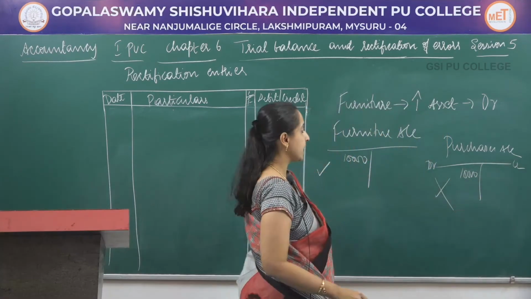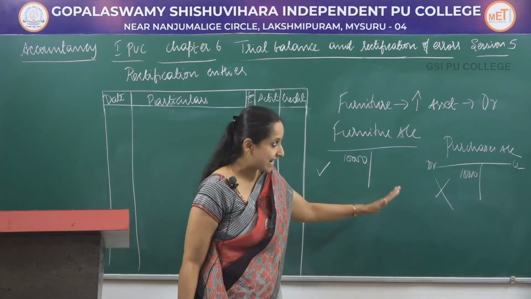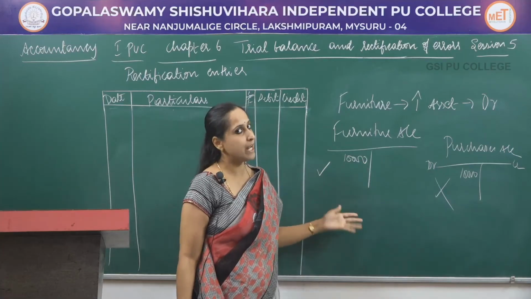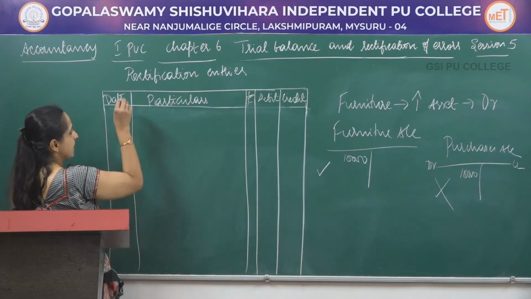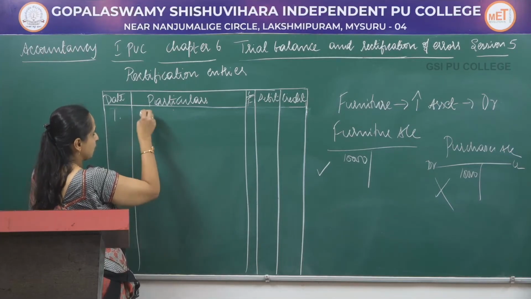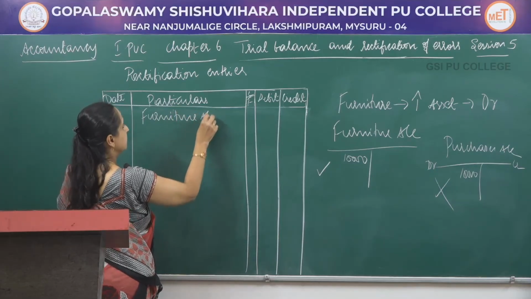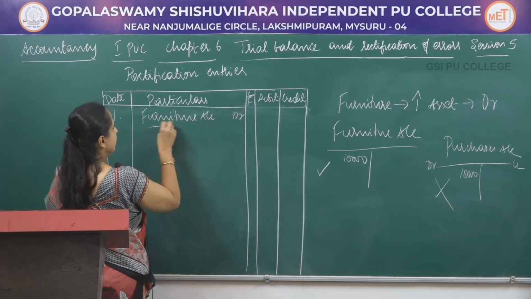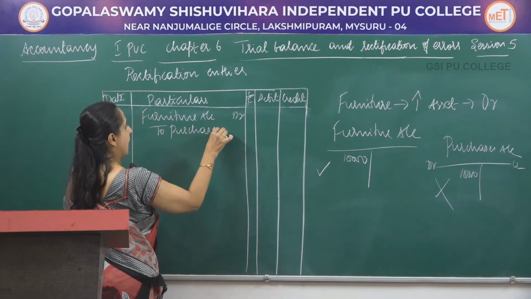So now how to rectify this? By debiting furniture account and by crediting purchases account, error will be rectified. So now what is the journal entry? First transaction error can be rectified by writing the journal entry. Furniture account debit to purchases account.